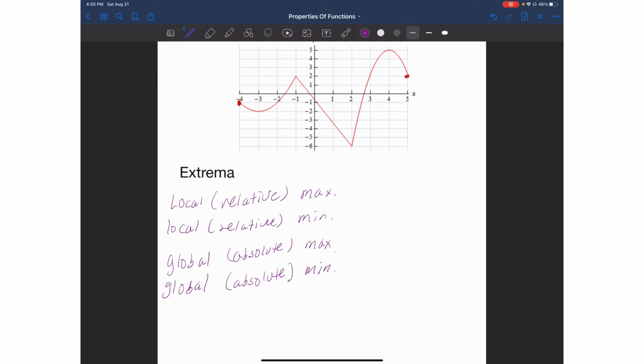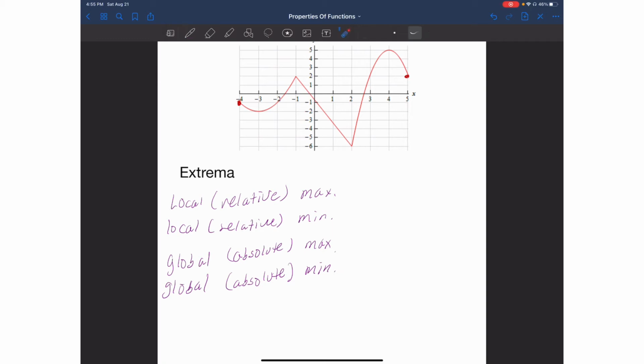So these two words are interchangeable depending on which one you want to use. I like to use both because, again, we don't know which one will show up on the test. Sometimes it will say relative maximum, sometimes it will say local, depending on the question that you're working on. Or you can see both as well.